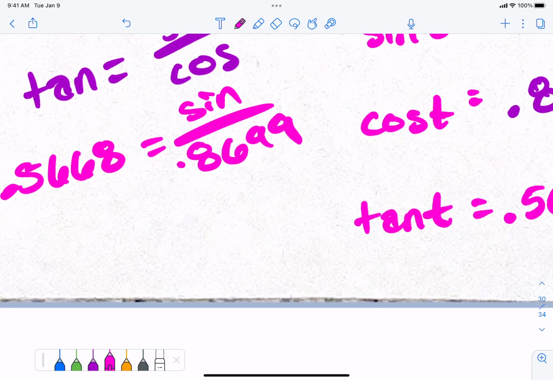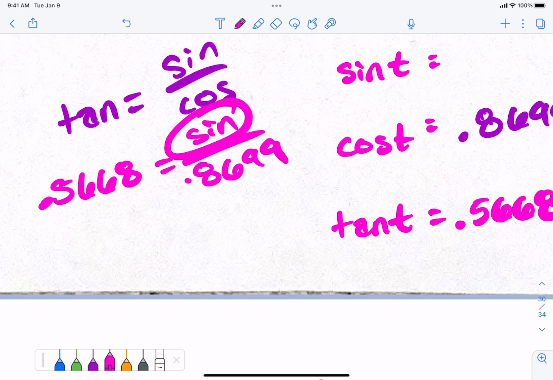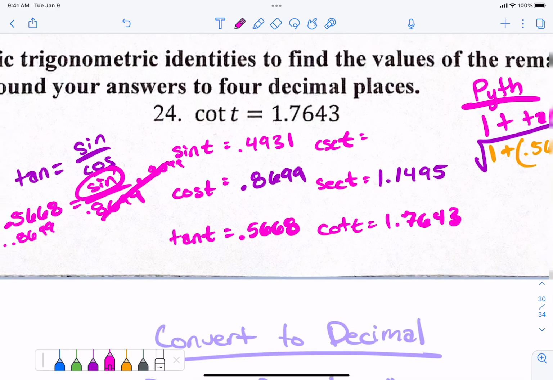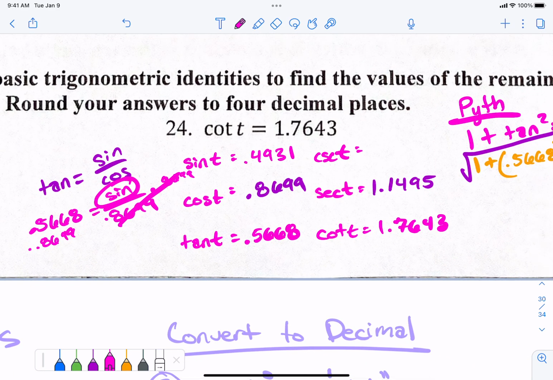When I have it written out like that, how do I find sine? I'm going to multiply by 0.8699 on both sides. 0.4930? Anybody else get that? Yep. Okay, 1 divided by cosecant. Okay, good? Happy with that?